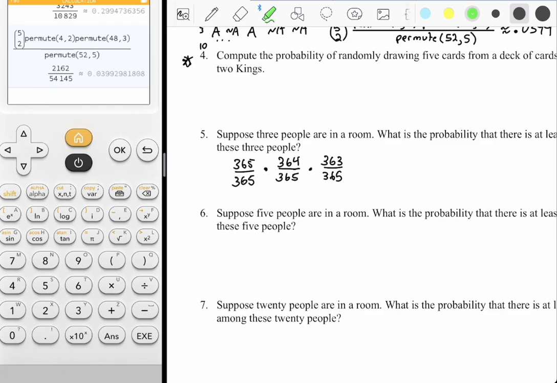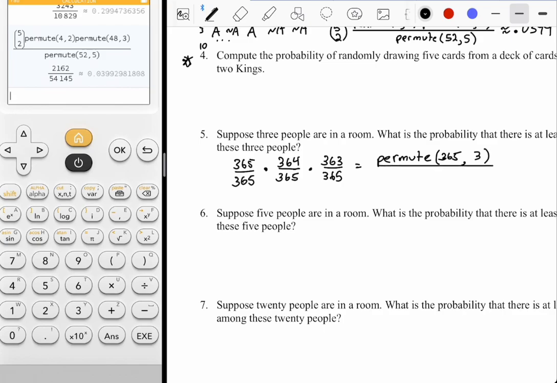So if we look at the top as being a permute, we have 365 individuals, those individuals being days, and there's 3 positions available. We would say permute 365, 3.